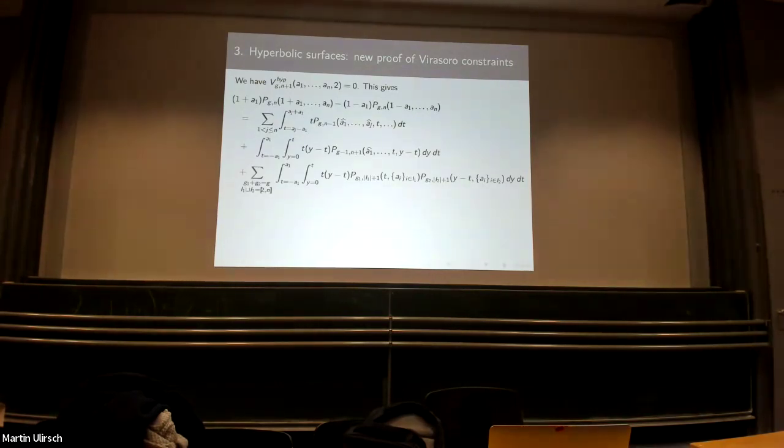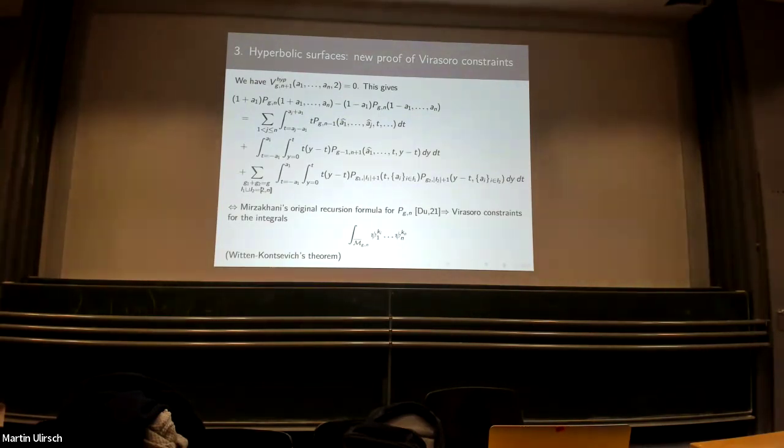And because I can express V_{g,n+1} in terms of the Mirzakhani polynomial, as a combination of Mirzakhani polynomials, this will tell me that I have some relation between these Mirzakhani polynomials, because this function vanishes when n plus 1 is equal to 2. This is the expression, which is very complicated. But if you work a bit, you find out that it's Mirzakhani's original recursion formula for V_{g,n}, and this is exactly the statement.